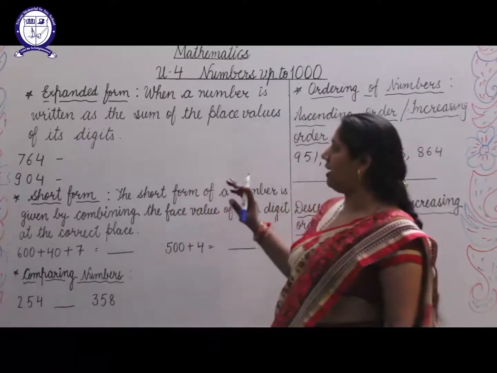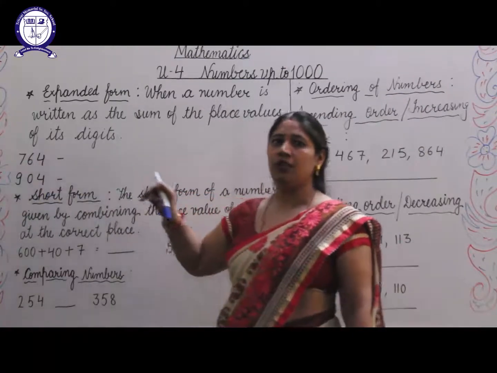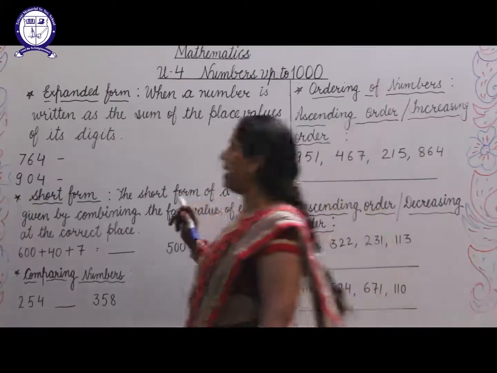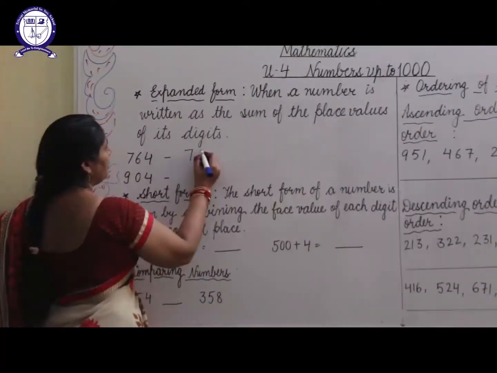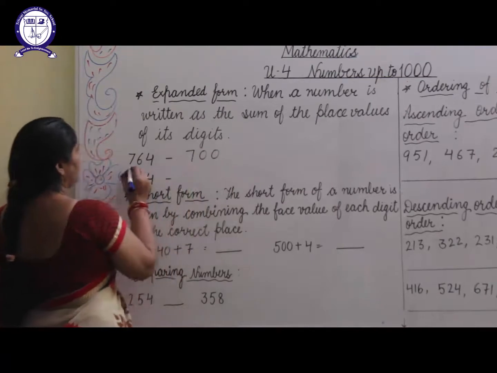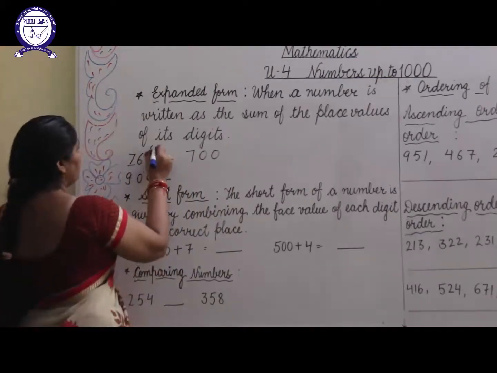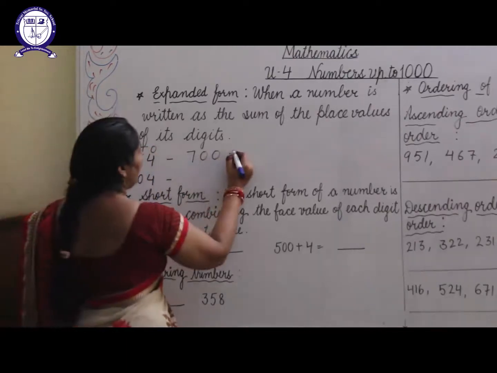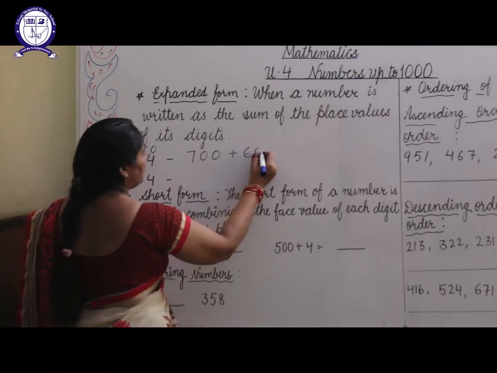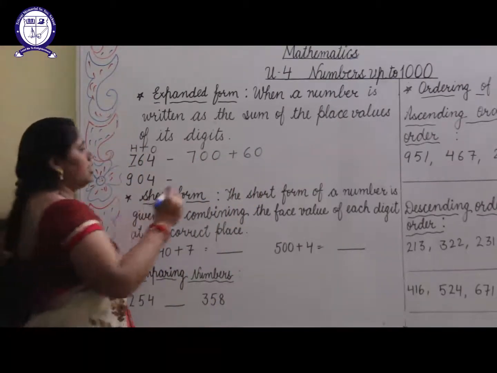Let's do an example of an expanded form. We have been given a number 764. So firstly we have to expand it. How do we expand it? Look here, 7 is at the 100 place. So the place value of 7 is 700. Ones, tens and 100. 6 is on the tens place. So the place value of 6 is 60. And 4 is on the ones place.